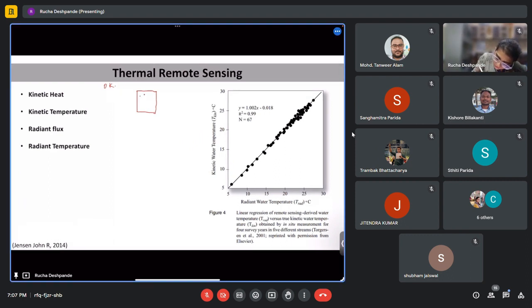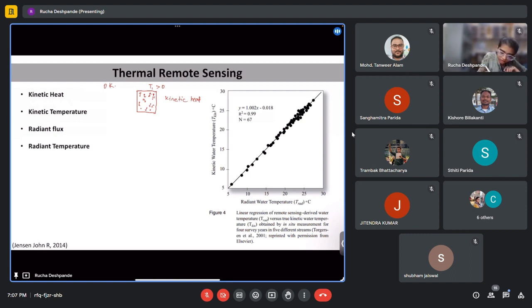Yeah. So suppose these are the particles at a certain temperature T1. When this T1 is greater than 0, these particles would have some sort of energy, right? The energy which is there because of the kinetic motion would be stored as kinetic heat. So this is the energy of the particles in random motion.